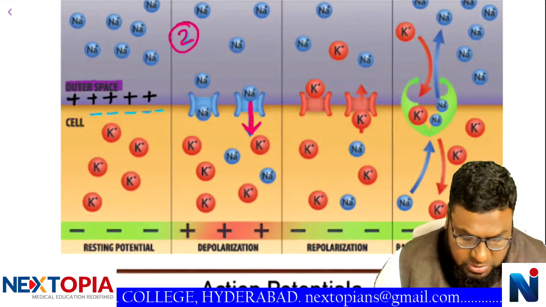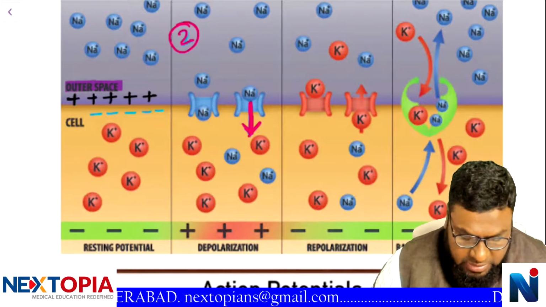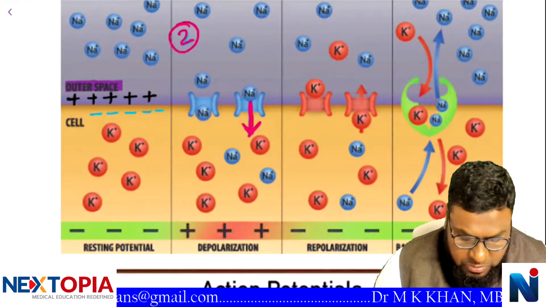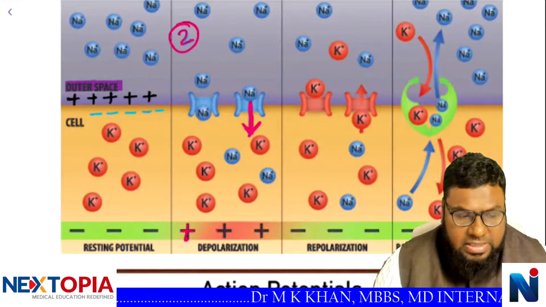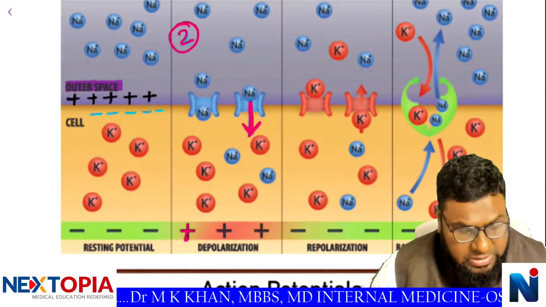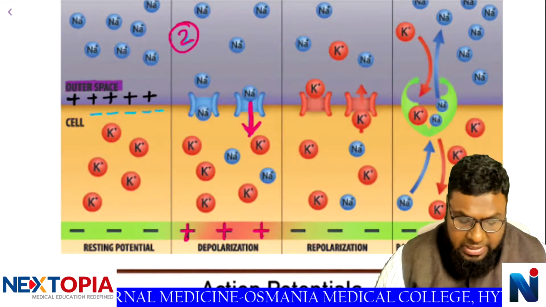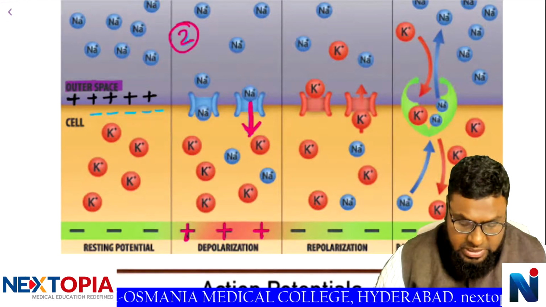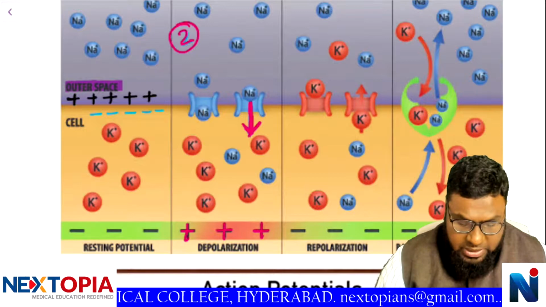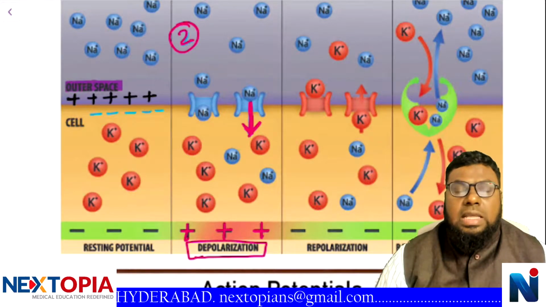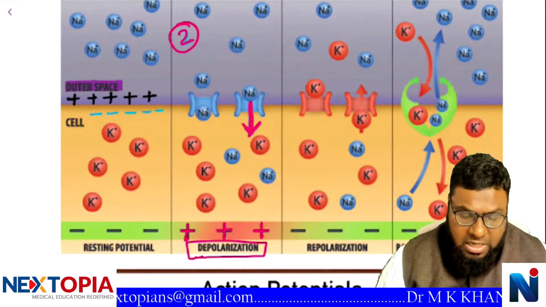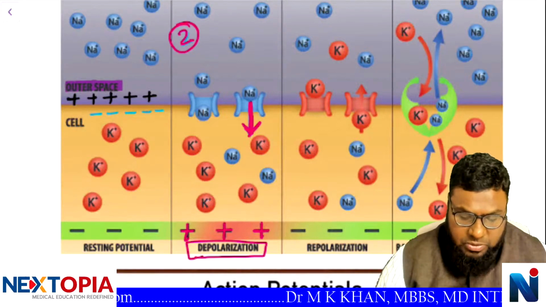The cell gains positive charge. Previously it was negative, now it has become positive. Previously it was polarized, now it is depolarized. The voltage was destabilized, so we call this depolarization: gain of charges inside the cell because of opening up of channels.